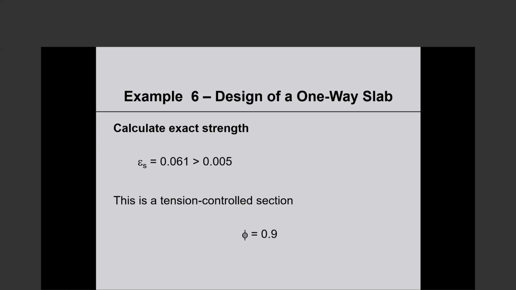And the calculation of short-term or immediate deflection, ACI 318 specifically says, has to be based on cracked section. So remember I sub g, then I sub cr, and then I effective. I effective is what you have to use in deflection calculation.